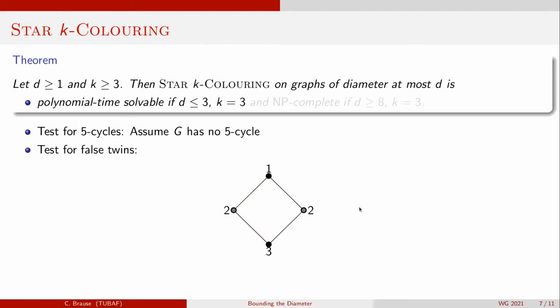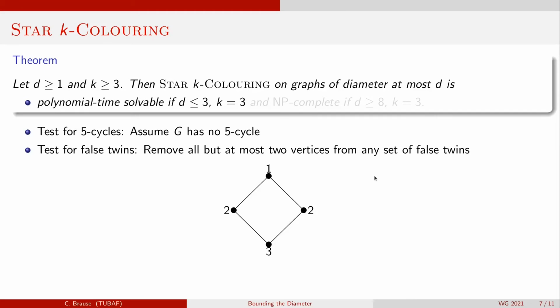In other words, if we have a 4-cycle, then we find at least 2 vertices which are of degree 2. And so if we have a set of false twins, then we know that all of these false twins are of degree 2 and all of these vertices have to receive the same color in a star 3-coloring. So that means we can simply remove all but at most 2 vertices from any set of false twins.